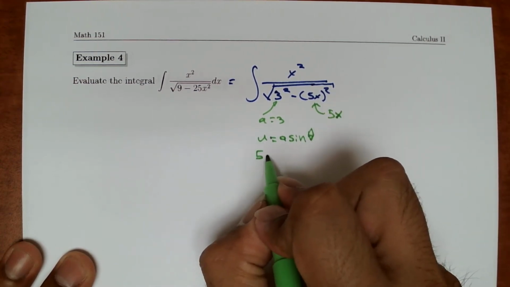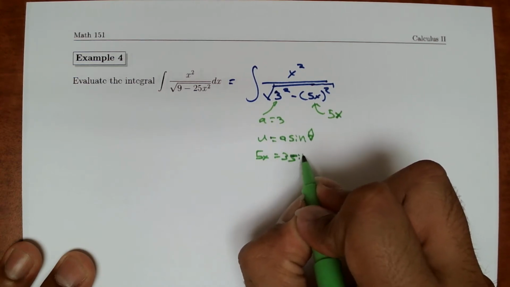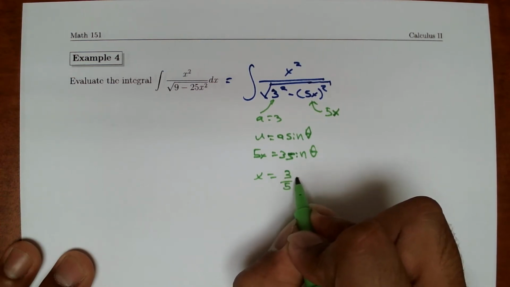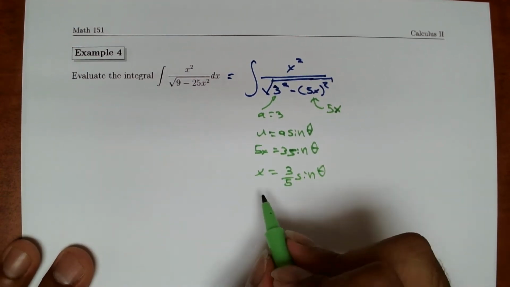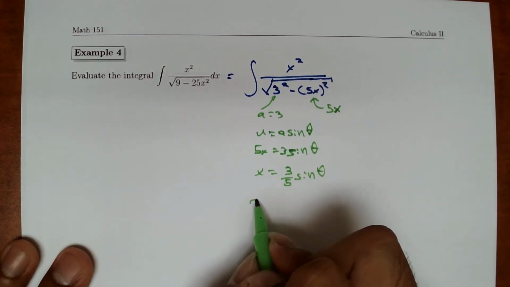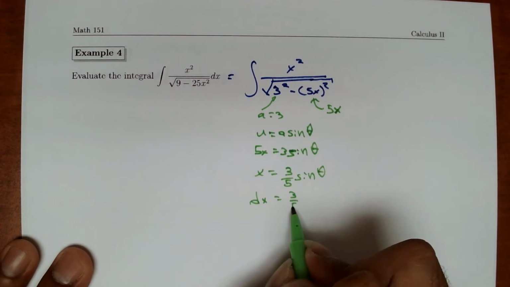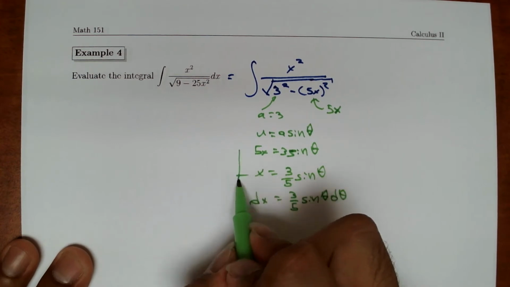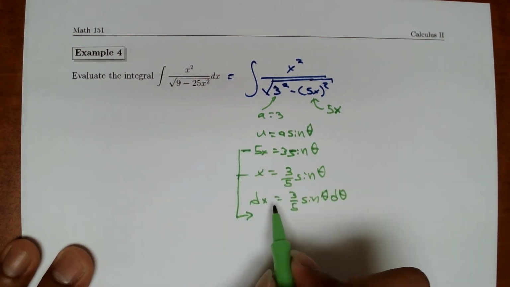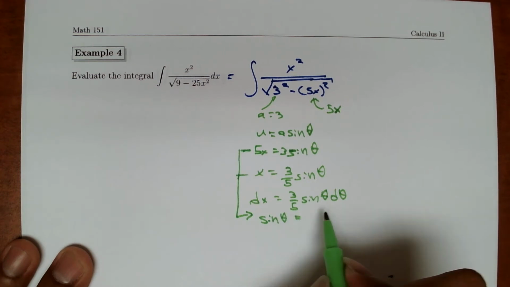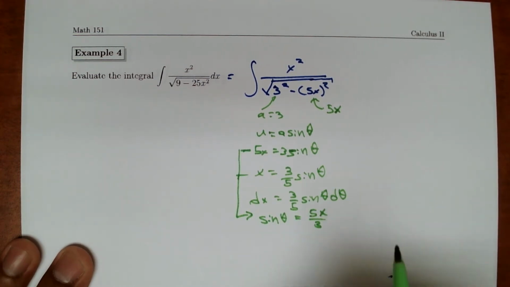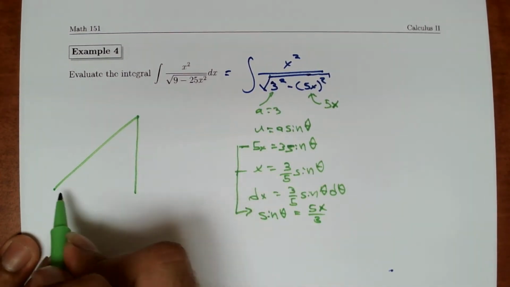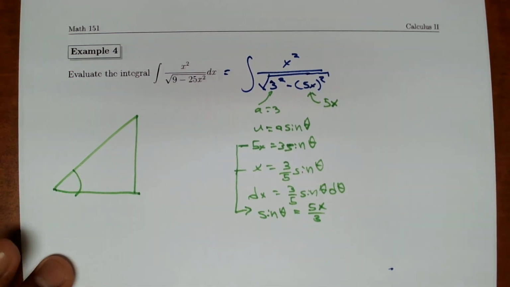So u, which is 5x, equals 3 sine theta, and x equals 3/5 sine theta. From here we are going to find the differential dx, 3/5 cosine theta d theta, and then solve for the trigonometric function in order to build the right triangle that will set up the trigonometric substitution.